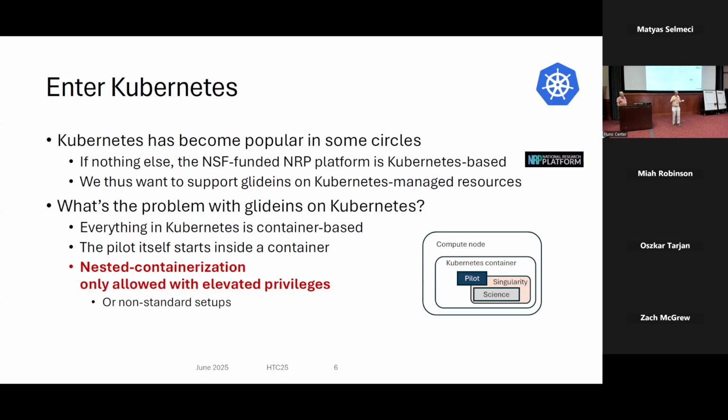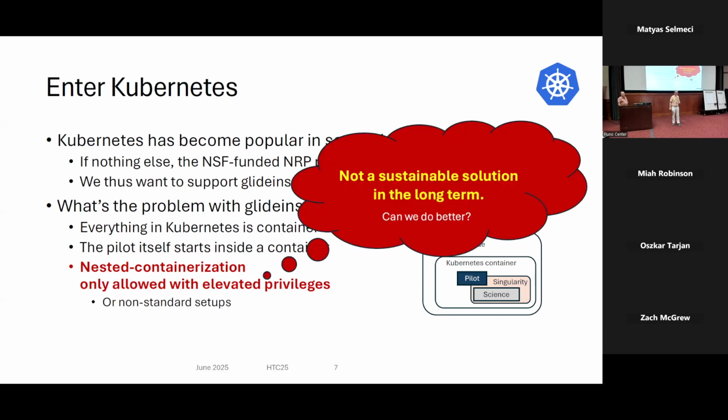It's allowed somewhere, but not in others. It's allowed only if you are privileged, and even then, sometimes you can, sometimes you can't. So I would say that's not something we really want to keep supporting in the long term.